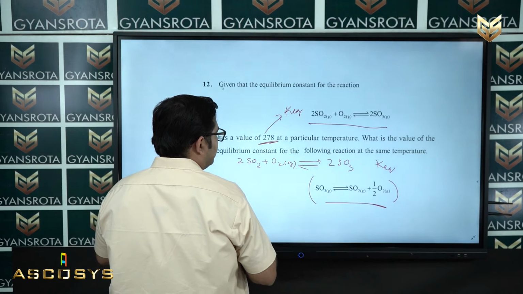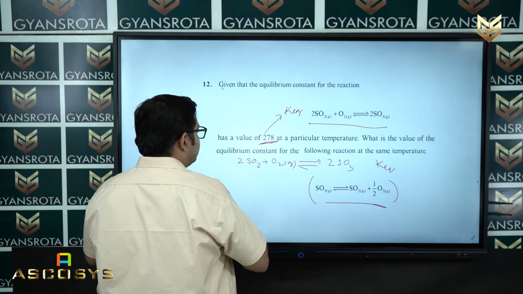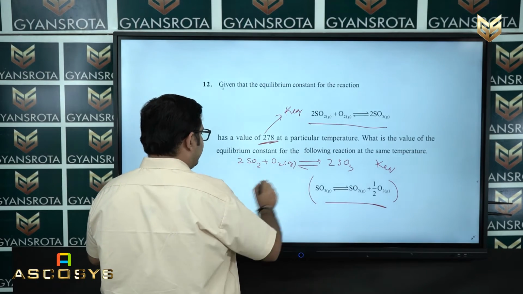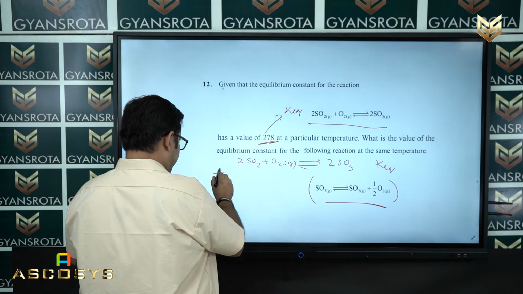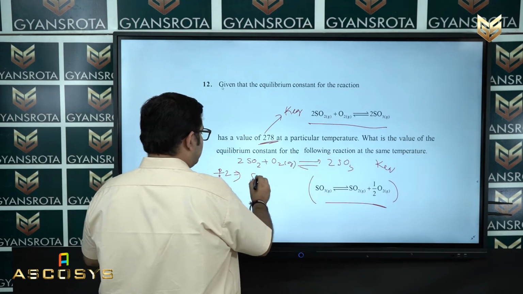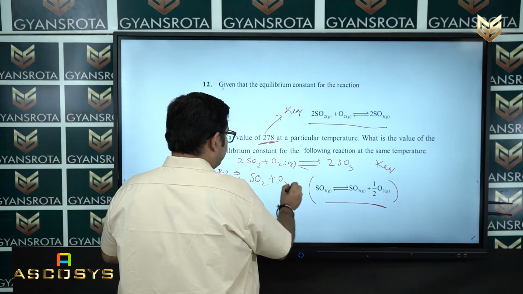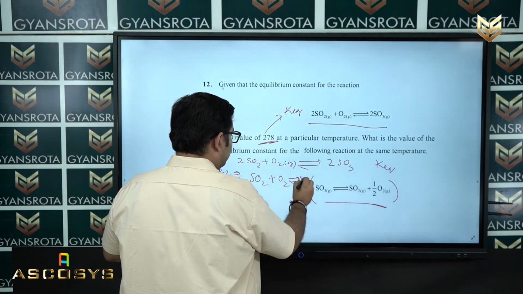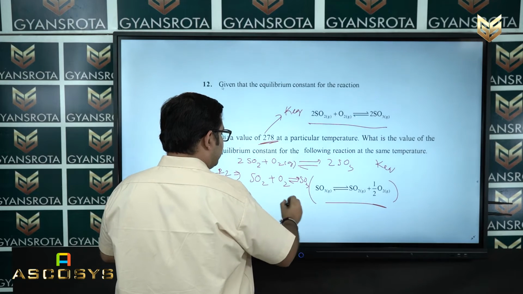First of all, we have to divide the whole reaction by 2. So what you obtain here is SO2 plus half O2 gives SO3. What happens with the K equilibrium?